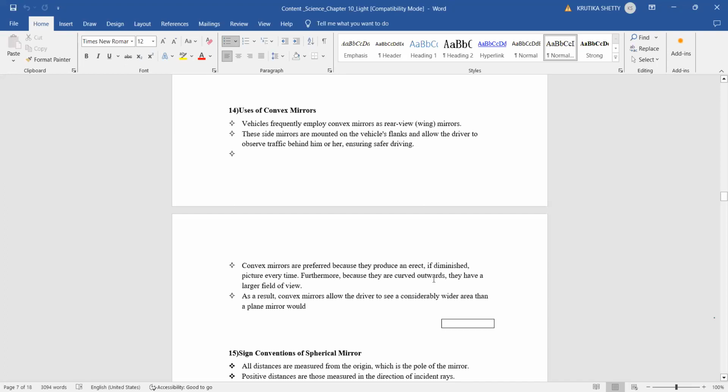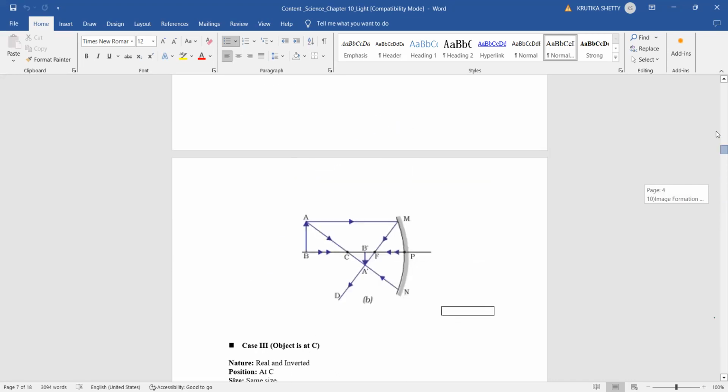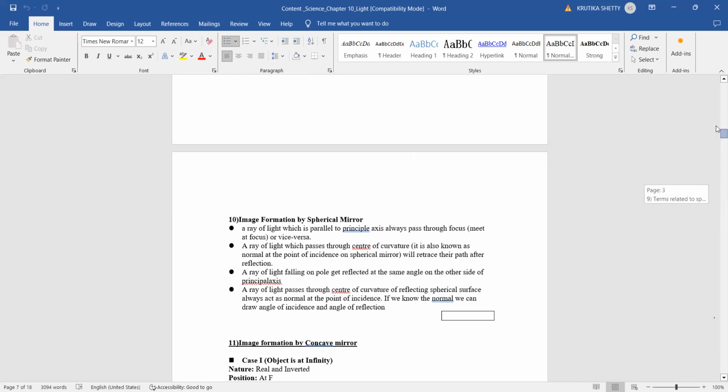Furthermore, because they are curved outward, they have a larger field of view. In short, the vehicle side mirrors are convex mirrors.